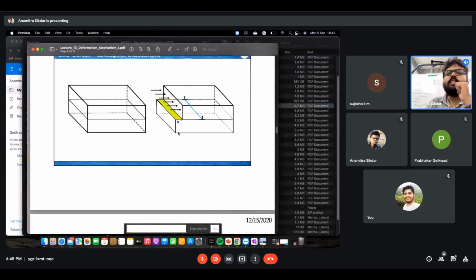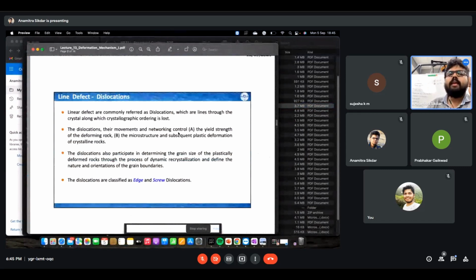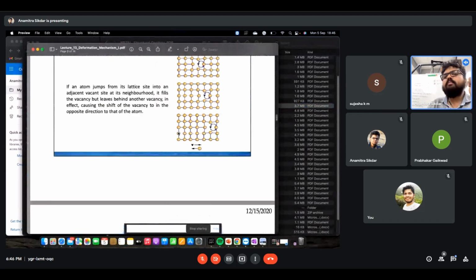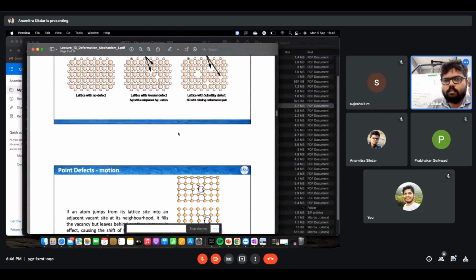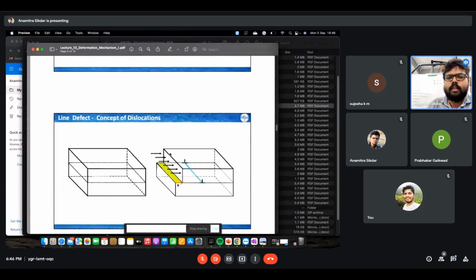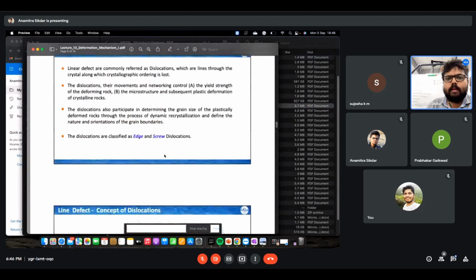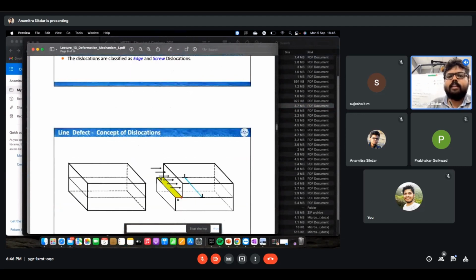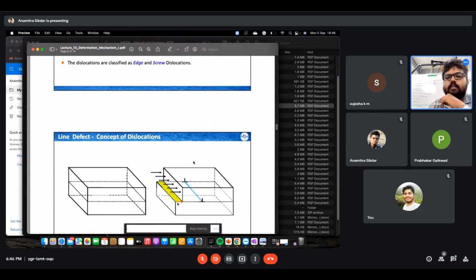Yeah, so the dislocations can be an edge dislocation, where the lattice is just sliding along the slip plane. So this is the slip plane and this portion of the lattice is moving along the slip plane. These are called edge dislocations.